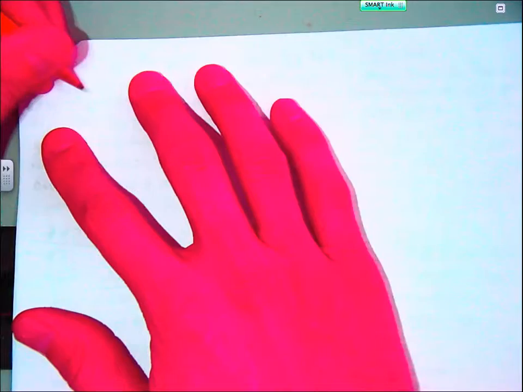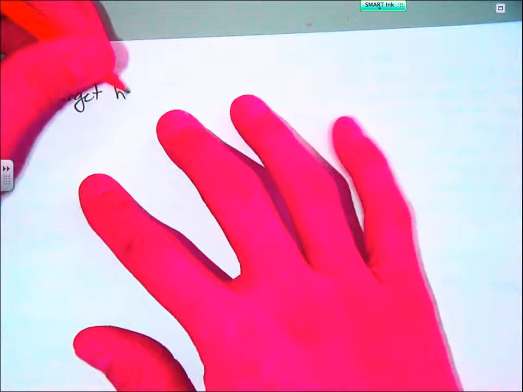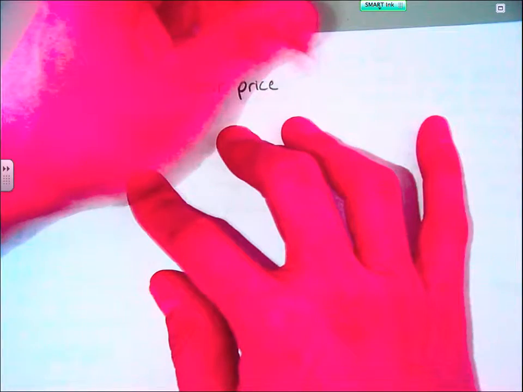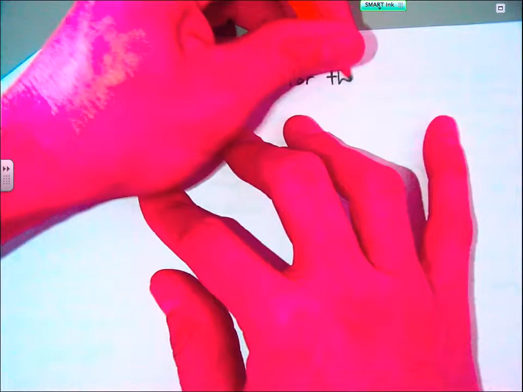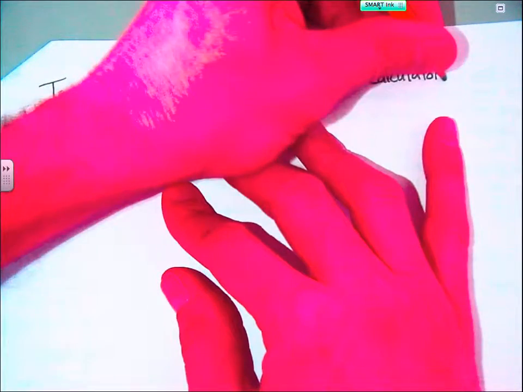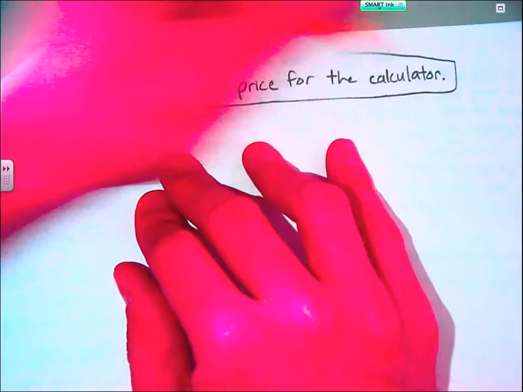And so I want to say that Target has the best price for the calculator. And that's a main answer, so I'm going to kind of put a box around it.